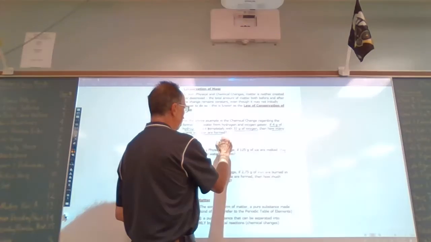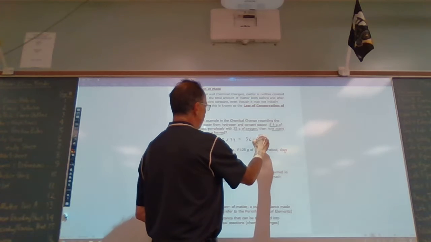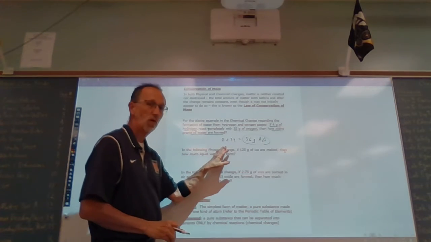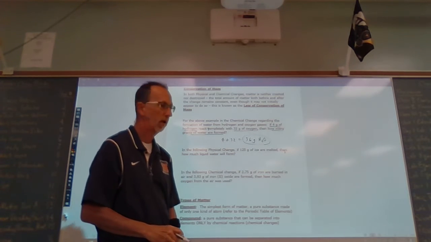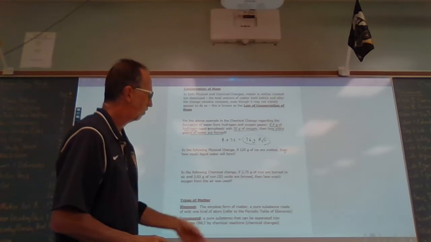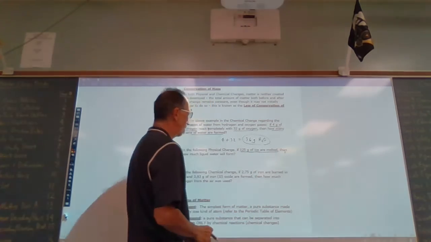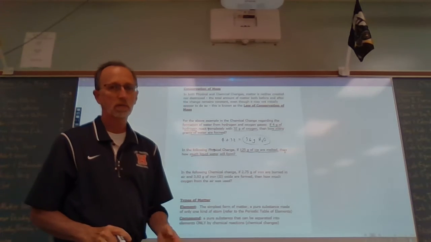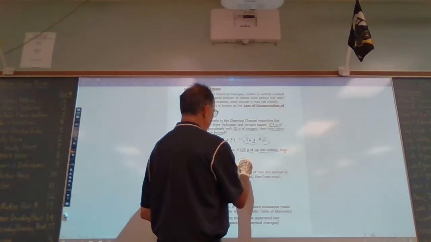So, simply put, 36 grams of water. The mass before the change and the mass after the change is equal. In the following physical change, if 125 grams of ice are melted, how much liquid water are you going to get? Same amount, 125 grams.